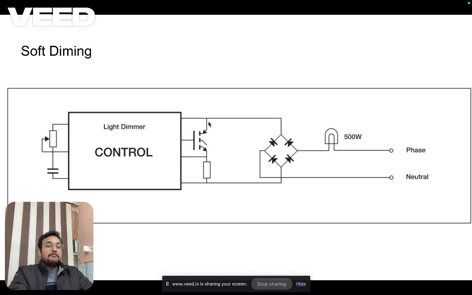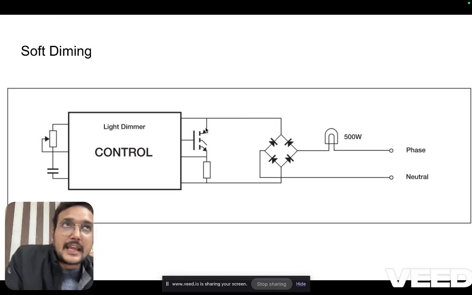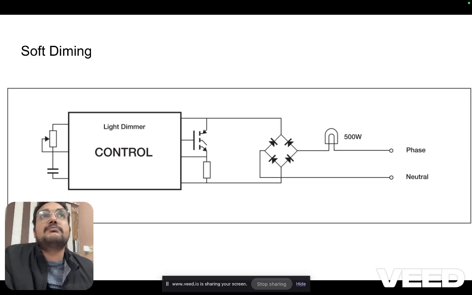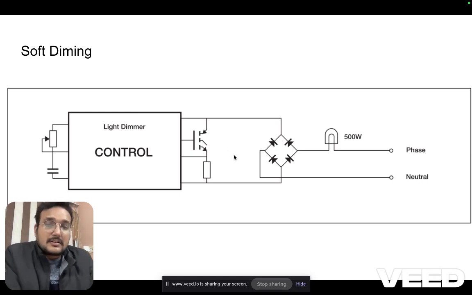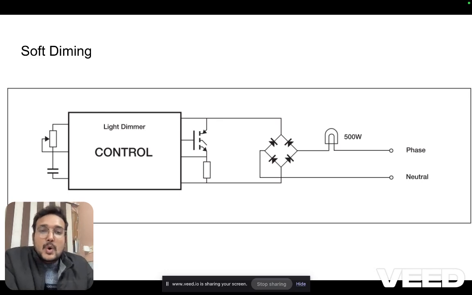But this is not your zero crossing or a simple resistive or capacitive control. This approach is way different, way unique. That's why I have covered it separately. You won't find much content on this particular approach. So I will be covering this and the challenges behind it.